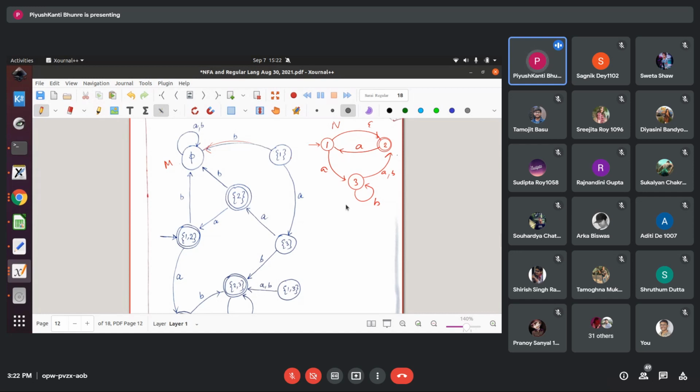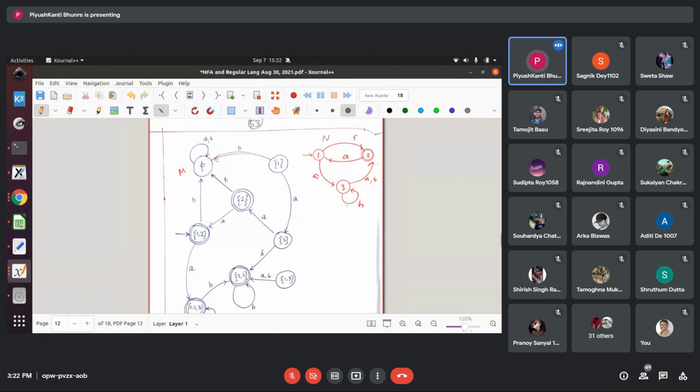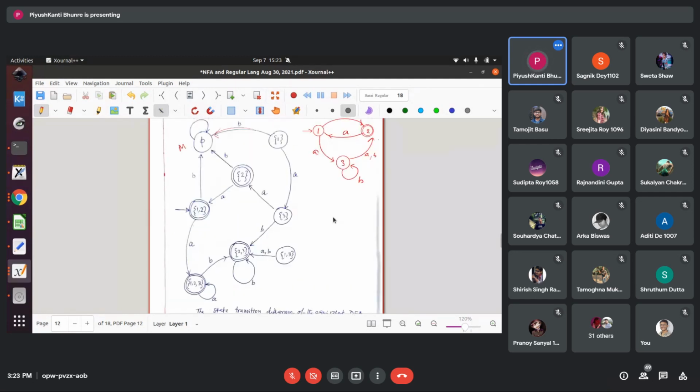And note that there is an observation here, that first of all, this is a DFA, right? All are deterministic transitions. There is no non-deterministic transition. And here you'll see, for this state 1, are they reachable from the start state?